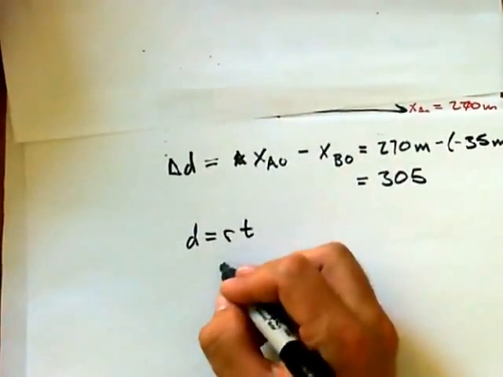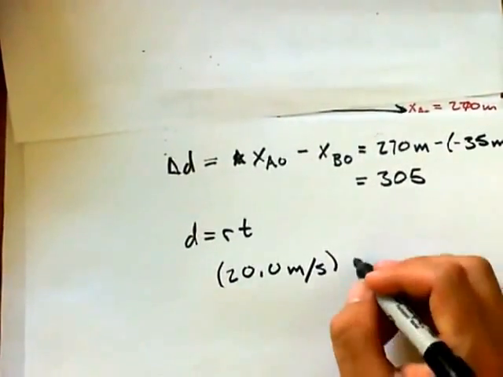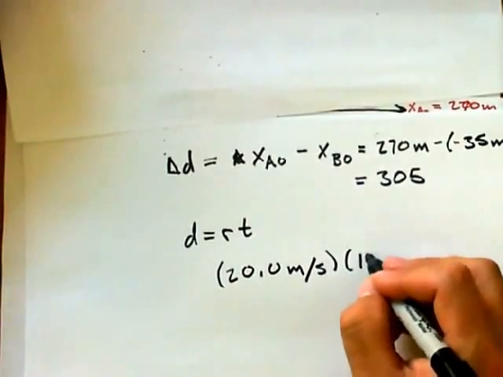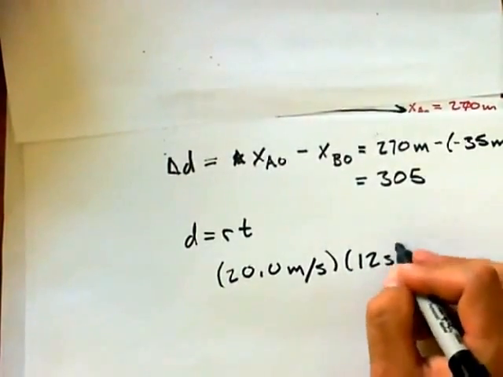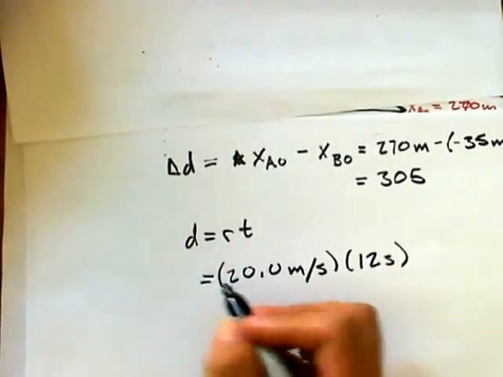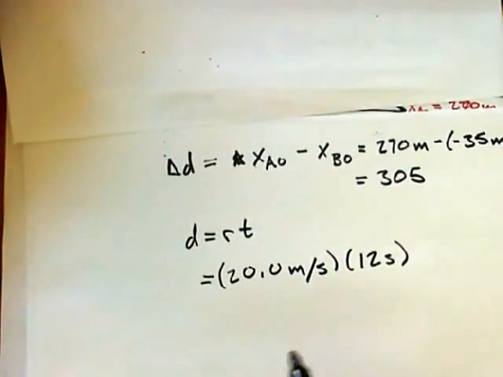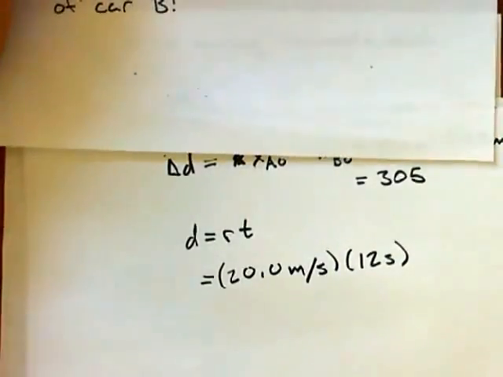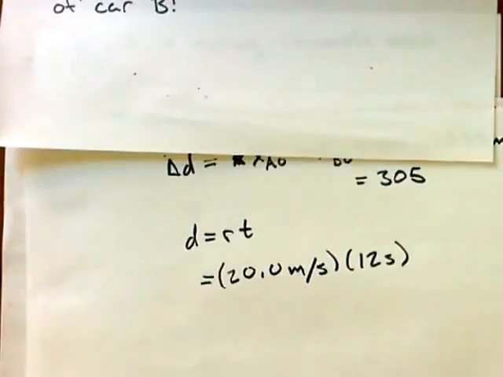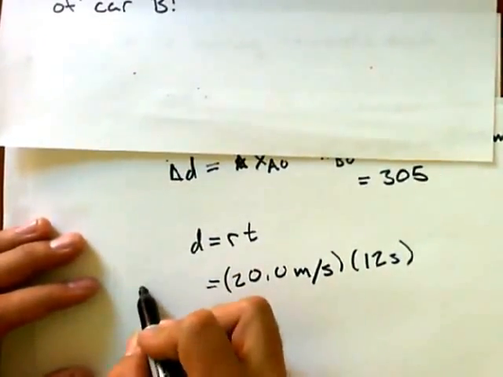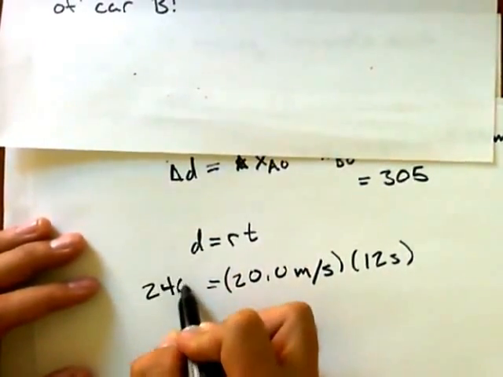All right. And we know that the time is 12 seconds. Okay, and that'll give us the distance that car A has traveled, which is 240 meters.